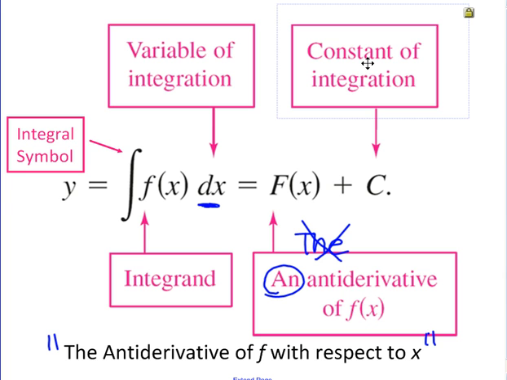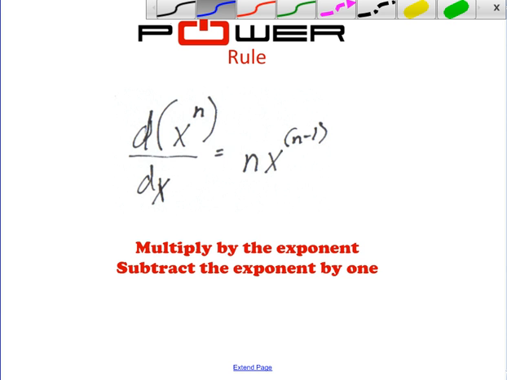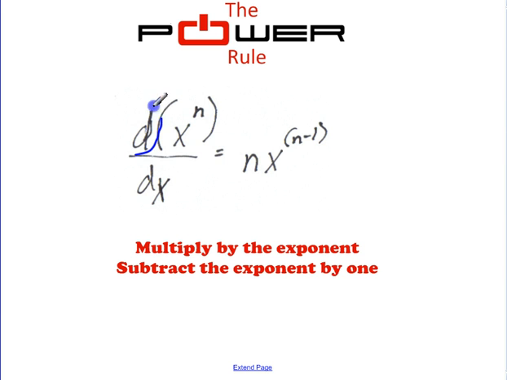The main rule that you learned in the very beginning was the very popular power rule. And what the power rule did for us is it told us this. If we are taking the derivative with respect to x, notice how we say with respect to x in this case, and we said that when we were talking about the antiderivative.